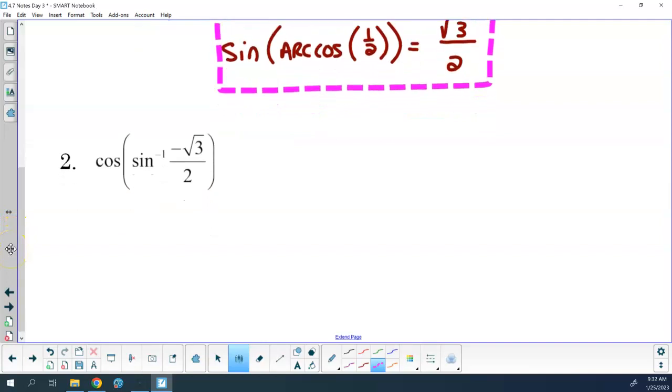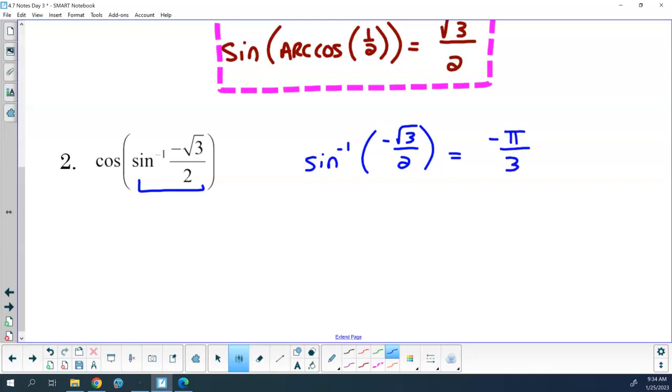You try that. So the first one is inverse sine of negative root 3 over 2. What's the result there? Negative pi over 3. Okay? Because that's the right half of the unit circle.